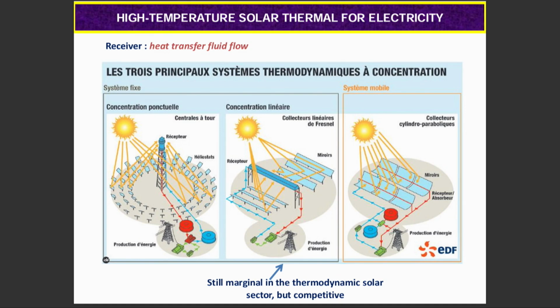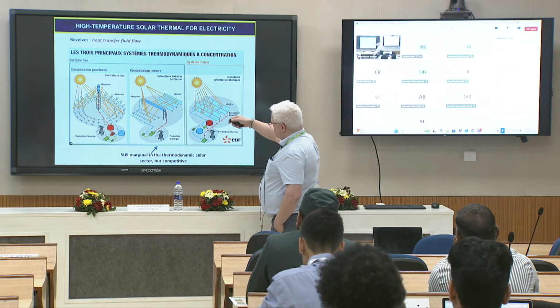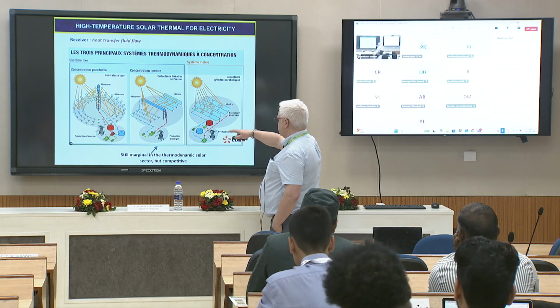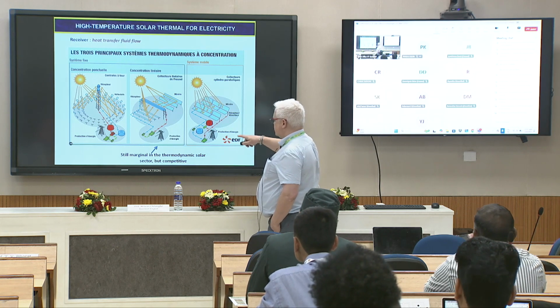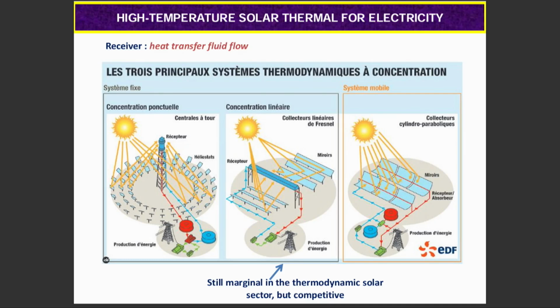So if you have this summary, a concentrator with a tower, and then after you have the system. The system is to generate heat. For example, now for the tower, the fluid is air. They are injecting the radiation into a kind of porous material.